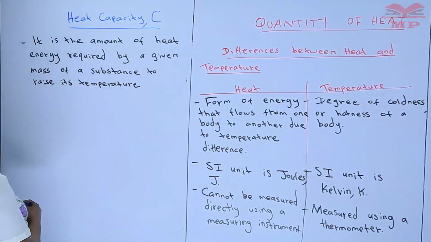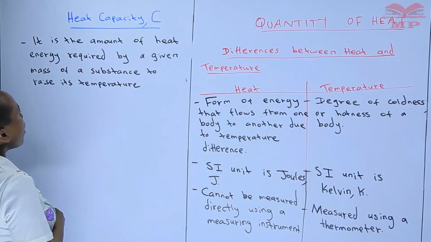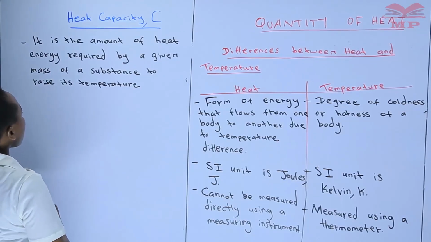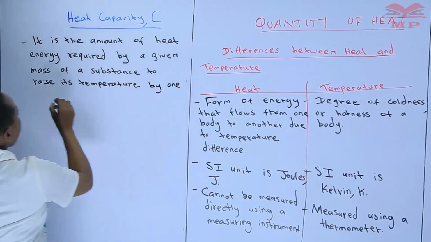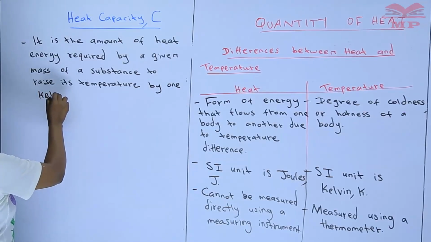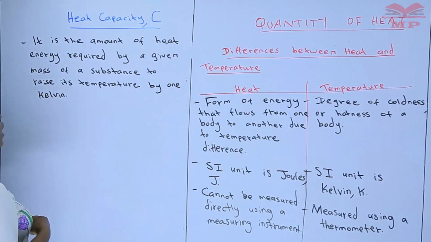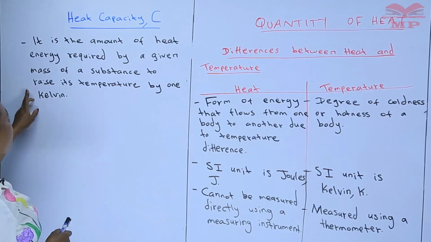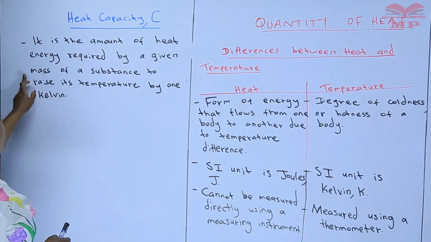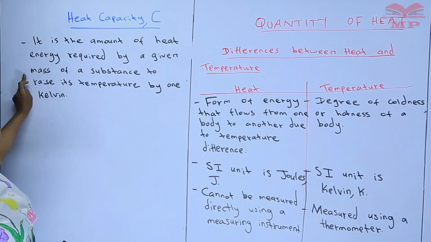It is the amount of heat energy required by a given mass of a substance to raise its temperature by 1 Kelvin. Or we can simply say it is the amount of heat energy required to raise the temperature of a given mass of a substance by 1 Kelvin.